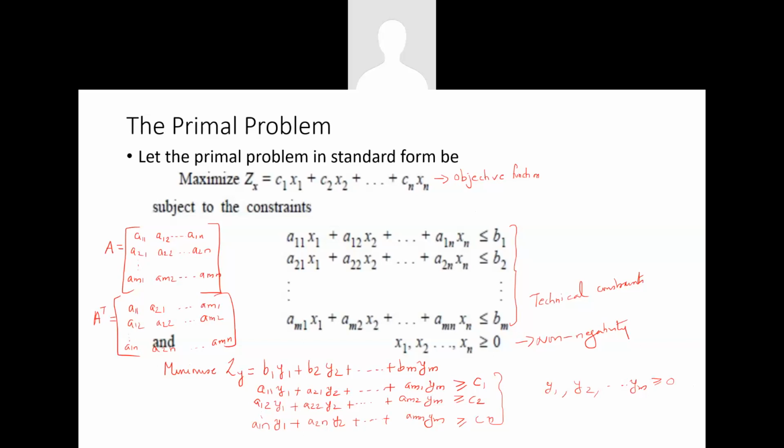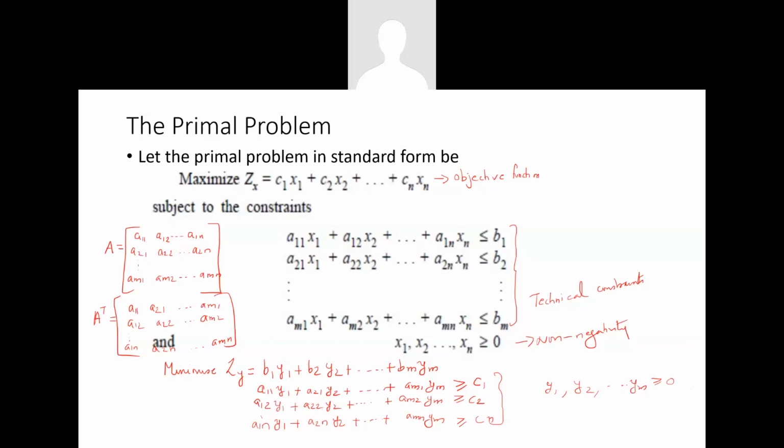And this c1, c2, cn, which is part of the objective function of the maximization problem, becomes the constraint in the minimization problem, which is your dual. Similarly, in the maximization problem, the inequality is less than or equal to, but in the corresponding dual minimization, the inequality that you make use of is greater than or equal to.